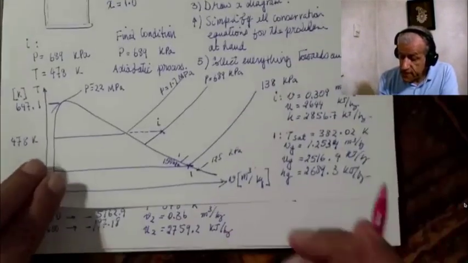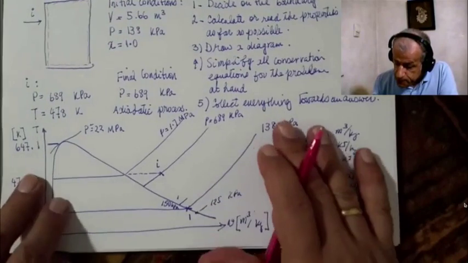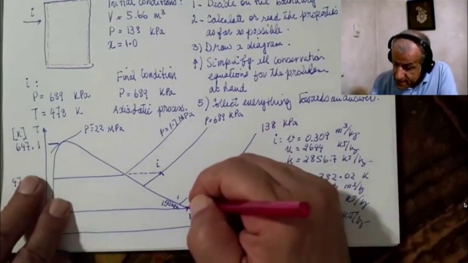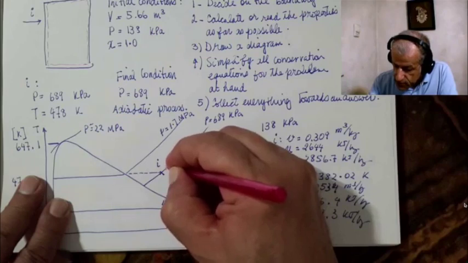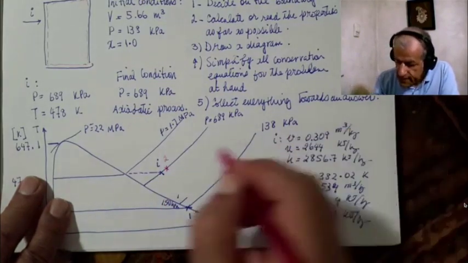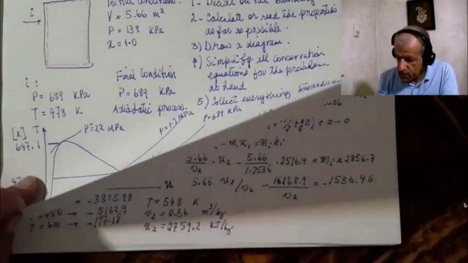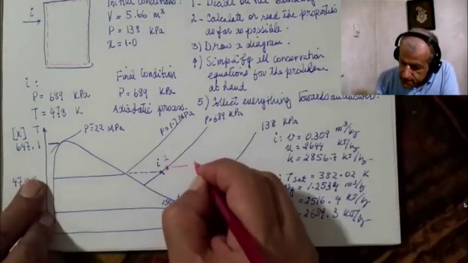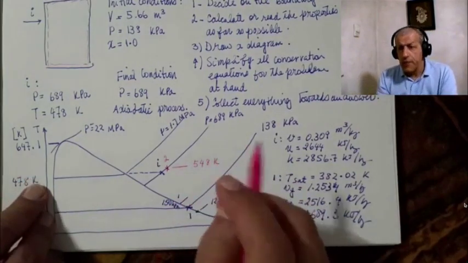Look, the final specific volume is 0.36. So it should be less than this one, and it's somewhere near here. So the point would be somewhere here. This is 0.2. And the temperature is 548 Kelvin.